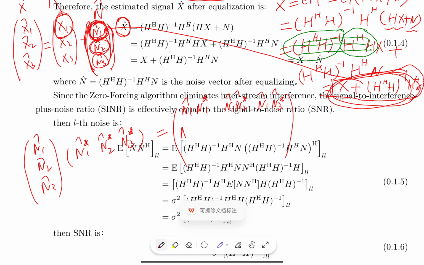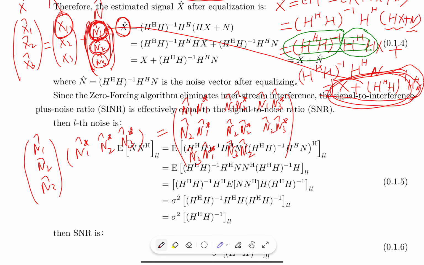The second row is n2 n1 conjugate, n2 n2 conjugate, n2 n3 conjugate. The third row is n3 n1 conjugate, n3 n2 conjugate, n3 n3 conjugate.